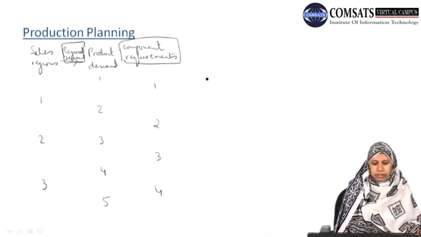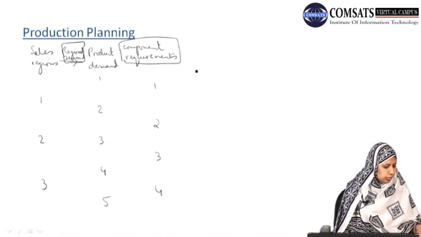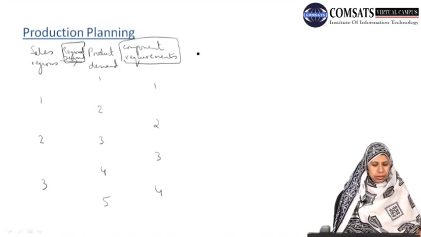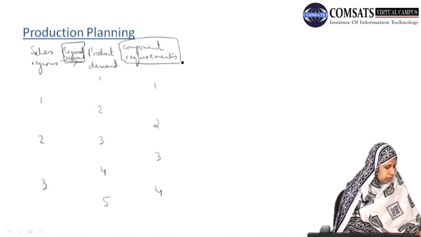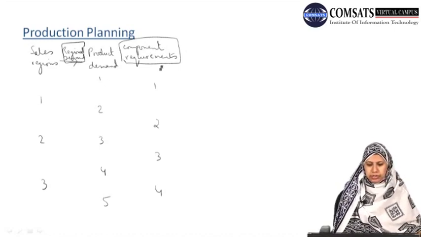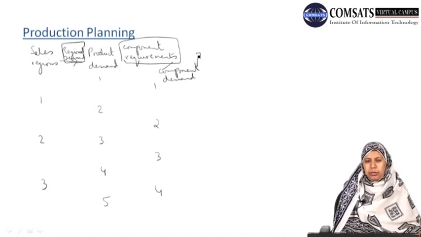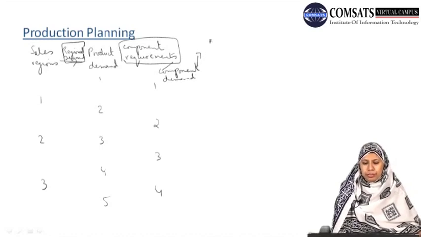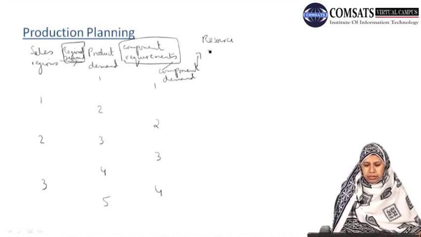And each component needs 5 resources. Then we have our resource requirements. This is the component demand. And each component requires 5 resources, so we have our resource demand.